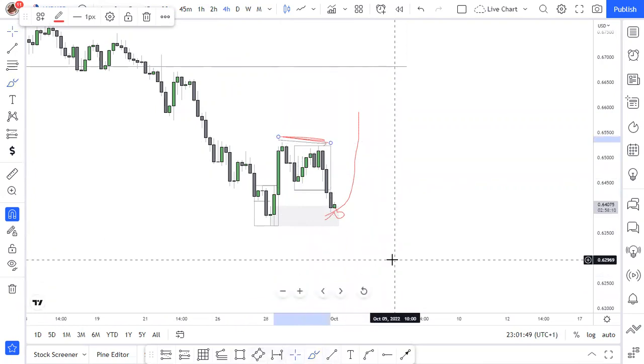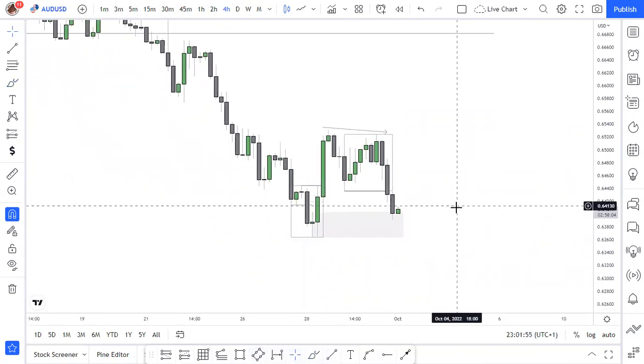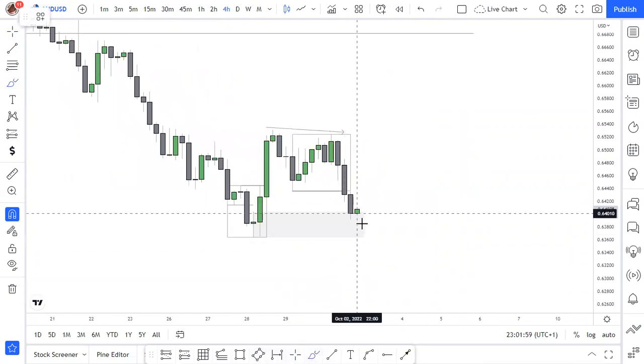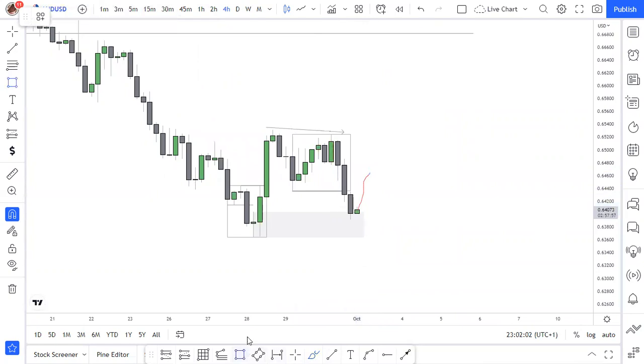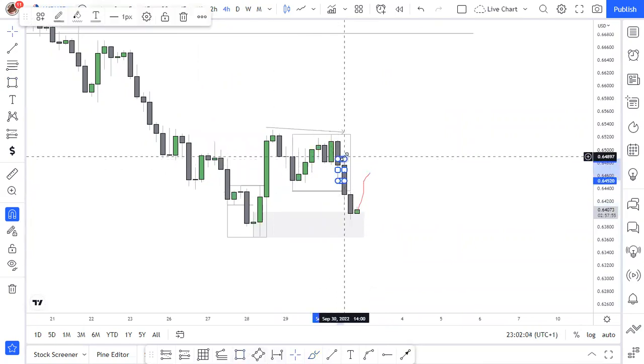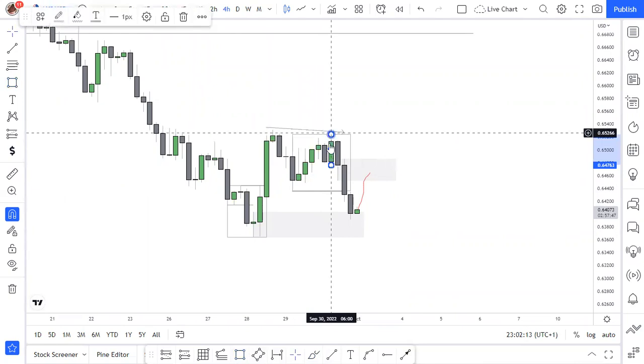So that will be it for the 4 hour time frame. And again, even if price should pull back into this zone here and we get the necessary confirmations, we can still take sales because we have this buy to sell wick here and we also have this engulfed candle up here.